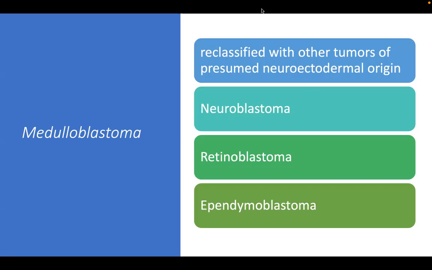Now, what I want you to remember here, this is what always pops out in most board exams. For the neuroblastoma, you have to remember this is the most common adrenal medulla tumor in children. In adults, the most common adrenal medulla tumor is a pheochromocytoma.